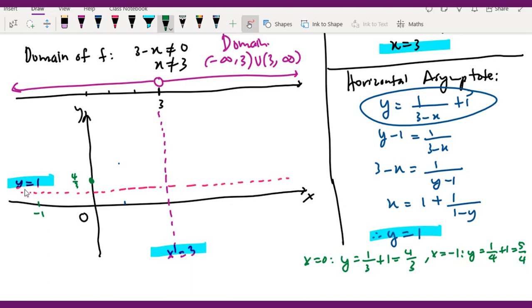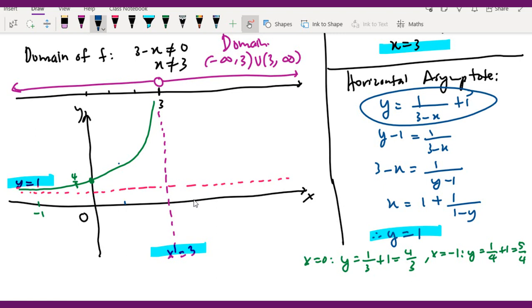So we can sketch the graph like this. This is the asymptote; the graph lies in the second quadrant. This is the horizontal asymptote and this is the vertical asymptote. Now try the second graph, which lies in the fourth quadrant.